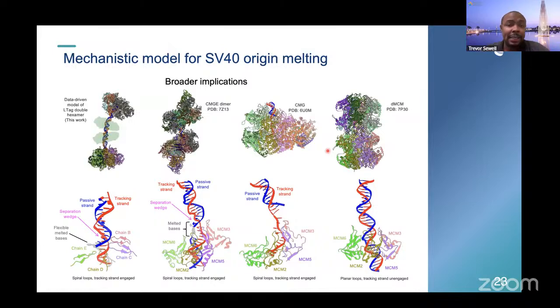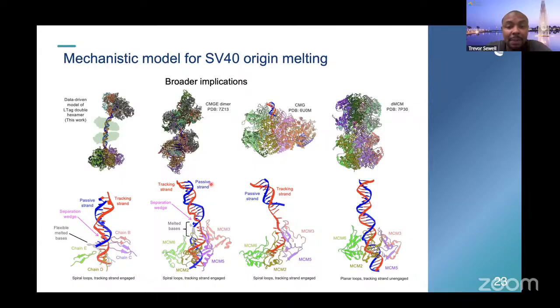To compare this with other eukaryotic helicases like CMG, starting from left, this is our mechanistic model. What we see is that you have double-stranded DNA with DNA binding loops forming a staircase conformation.